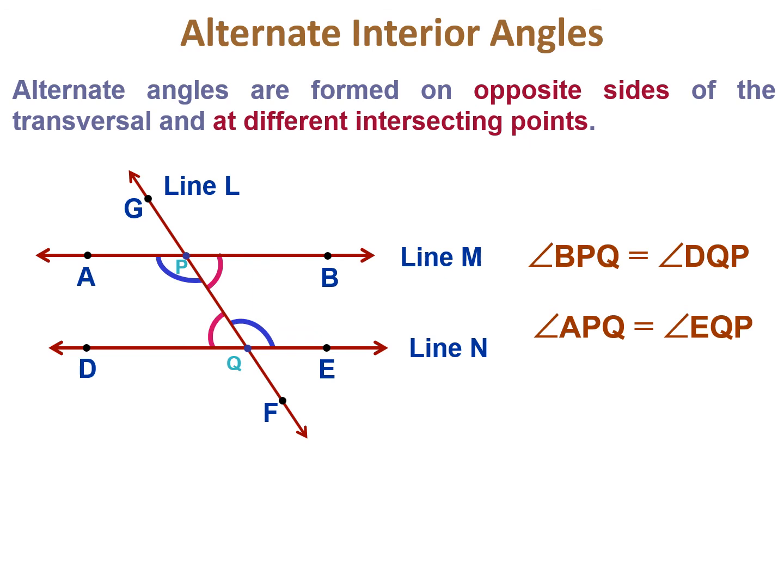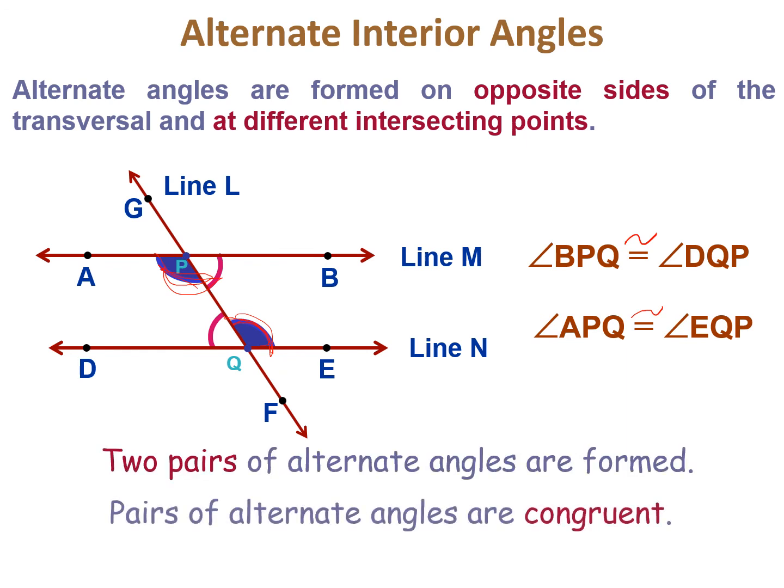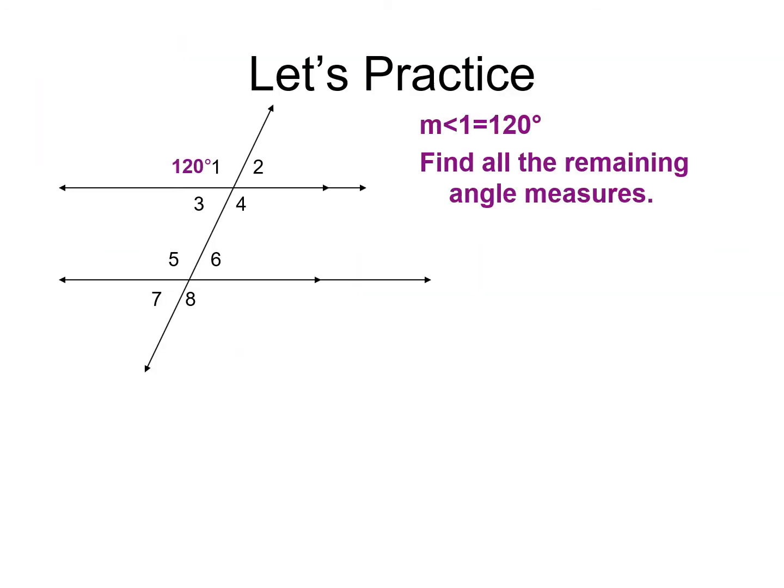Angle APQ, this portion here, is congruent to angle EQP. So they are now said to be congruent. Two pairs of alternate angles are formed, and the pairs of alternate angles are said to be congruent.